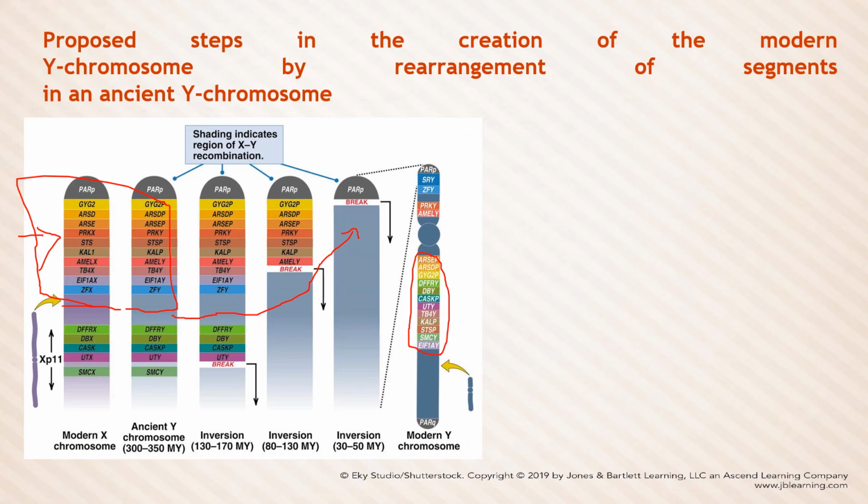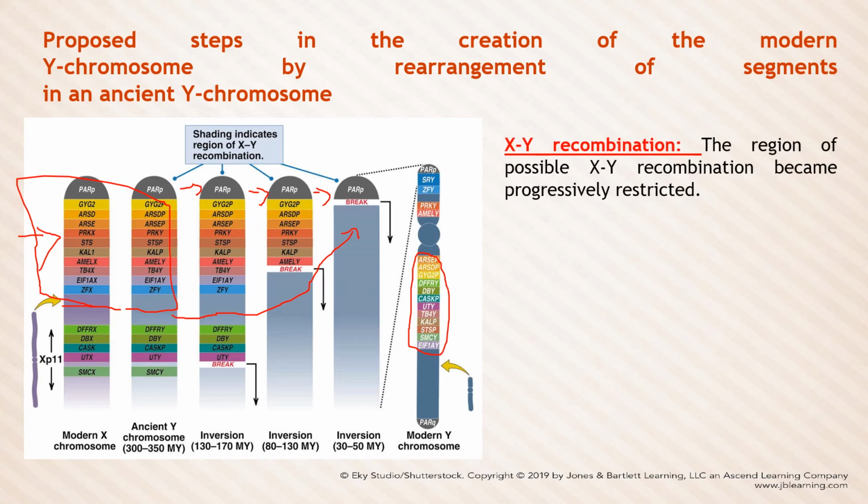In addition, the only thing that remained the same was the closer telomeric region, but in those regions, the recombination will be too small. Another component that I want you to remember, in addition to the progressively restricted recombination, is that imagine if some of those genes are moved to another region, and you're losing so many regions, what happened is that many of the Y chromosome genes start getting degenerated by mutation.